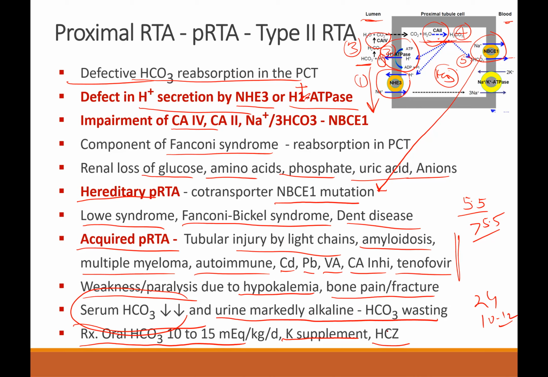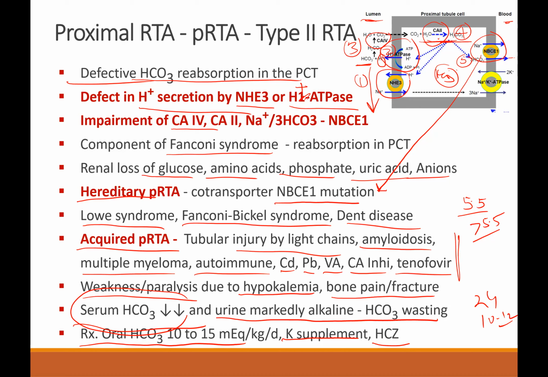This disease, I am again telling, understand. There is basically a defect in the bicarbonate reabsorption. The defect is in the proximal tubule. That is why this is called the proximal RTA. Okay, and this bicarbonate is not absorbed because one or more of the mechanisms in the PCT is at fault. What are they? Number 1, NHE3.